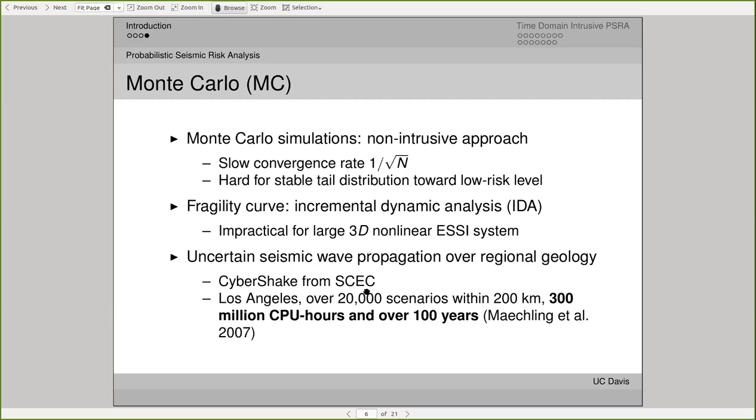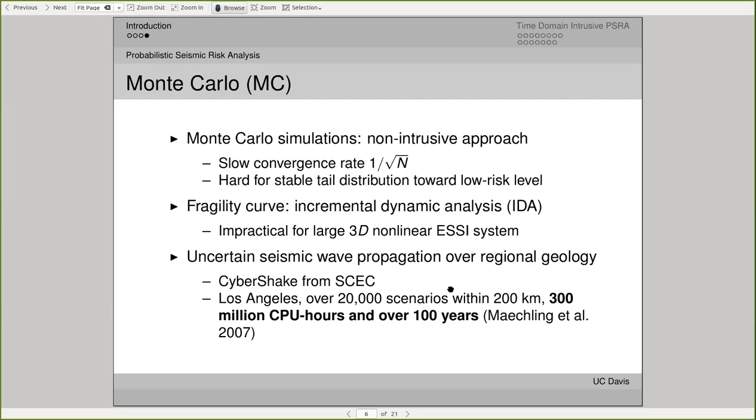However, if we want to consider the uncertainties in such a simulation, for example, the uncertain source and uncertain ground parameters, then it has been estimated that for Los Angeles, we need to run over 20,000 seismic scenarios, and that will take 300 million CPU hours and over 100 years to finish. So this is just computationally prohibitively expensive.